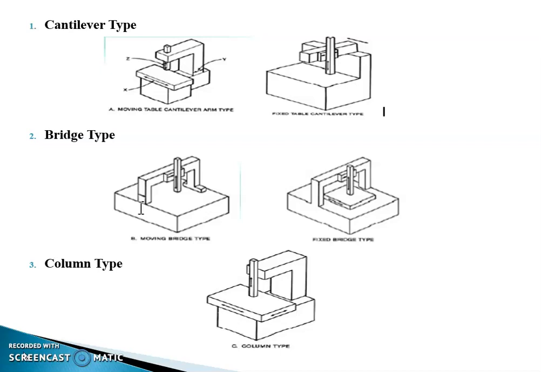And the third one is the column type. This type has a moving table and a saddle arrangement similar to a horizontal boring machine. The column moves along the z-axis while x and y motions are provided by the two-axis saddle.